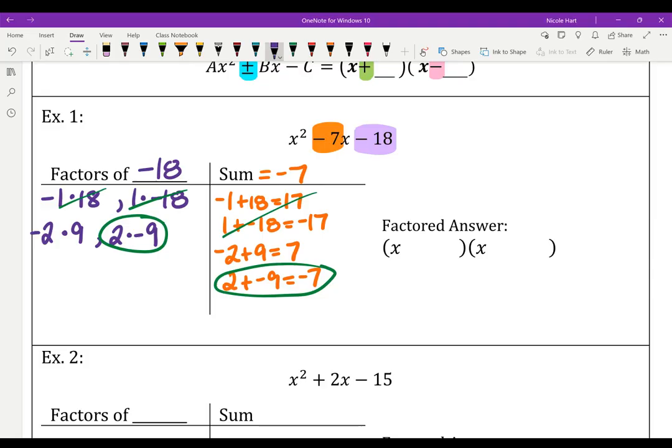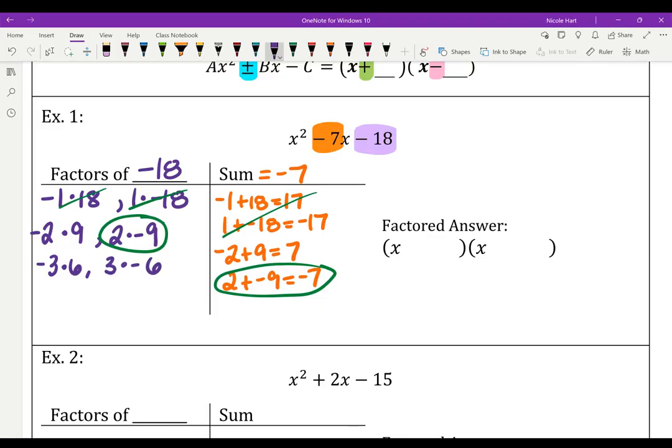So remember, you might have to go through and make a long list of factors, or you can utilize your calculator to help you make those factors. I'll link or put the factoring video underneath this to show you the factors on the calculator as well. So just keep that in mind. Some of our other factors that we could have tried were -3 and 6, and +3 and -6.